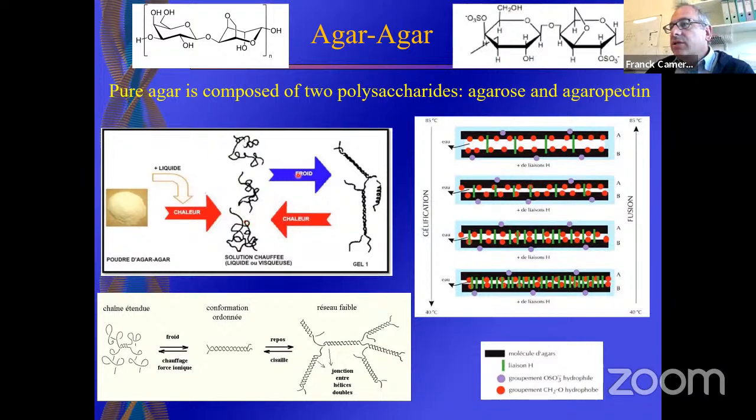As soon as you cool down the solution, you have interaction between the polymers. You have expulsion of water, creation of hydrogen bonds, and aggregation and interconnection of the polymers. This leads to the network which immobilizes the solvent and makes the gel. So this is how agar-agar works in your kitchen.